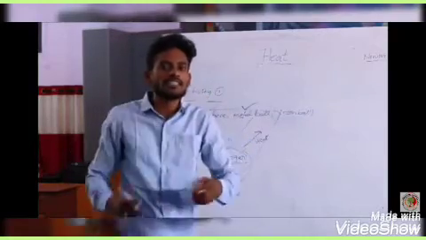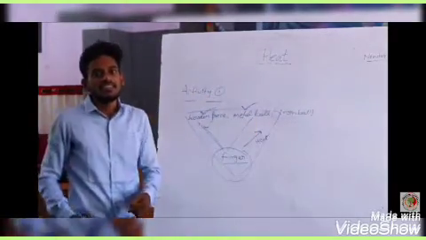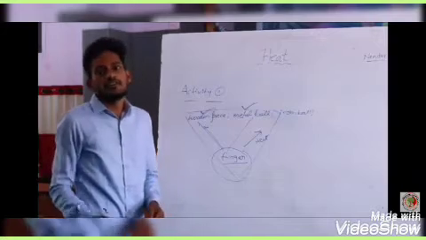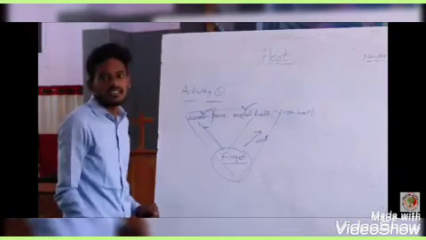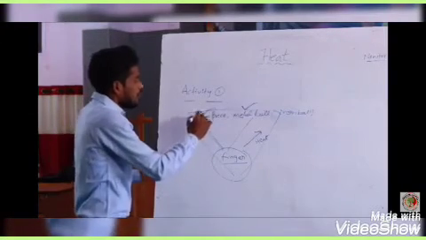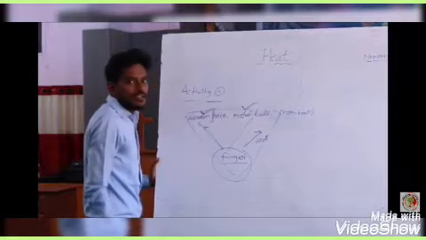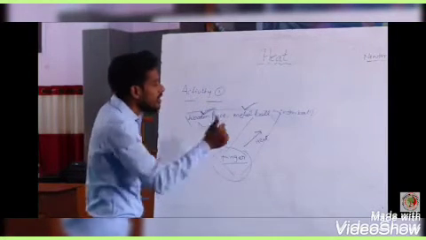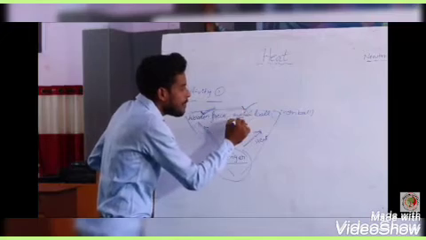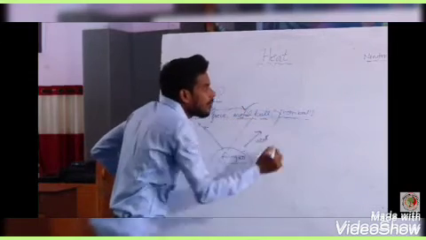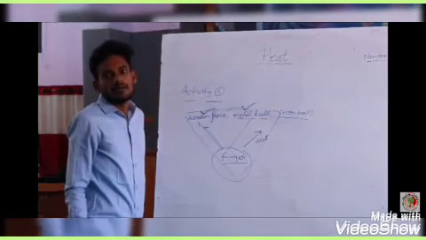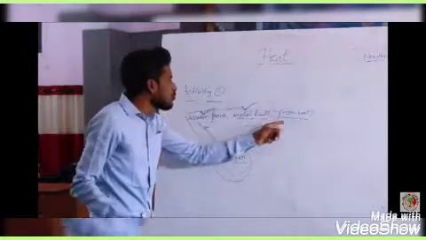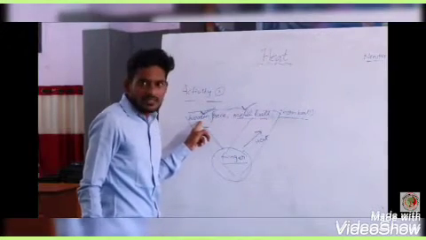Moreover, one more point. In this activity, you might have observed one more thing, that the wooden piece feels a little less cold than the metal ball. That means the metallic or iron ball feels colder than the wooden piece.